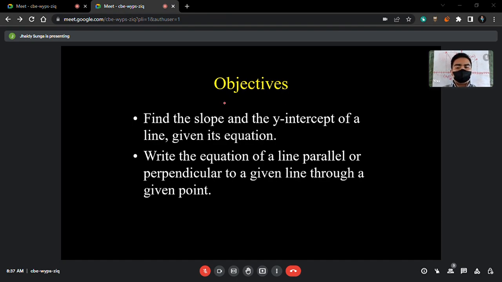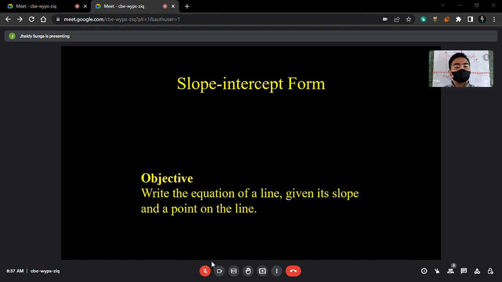Now, let us go back to what we discussed about slope-intercept form.